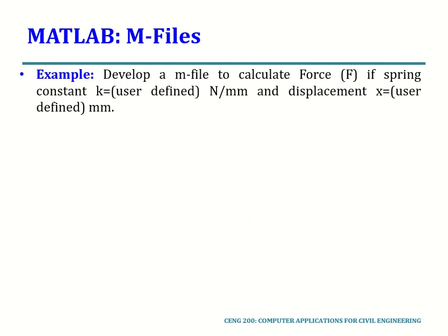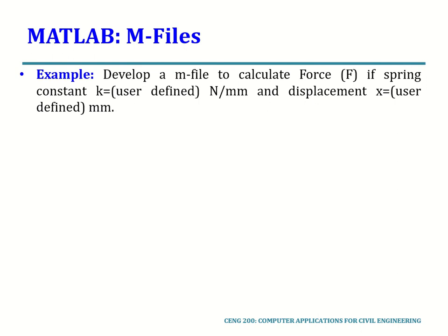Okay, so for example, let us develop an m file. So you go to your editor, you open a new file basically. So the file should calculate force F, and you have to give K in Newton per millimeter and displacement X in millimeters.